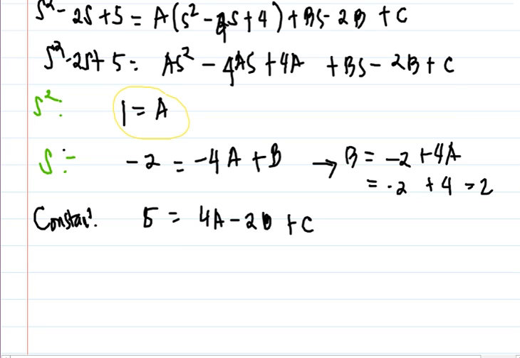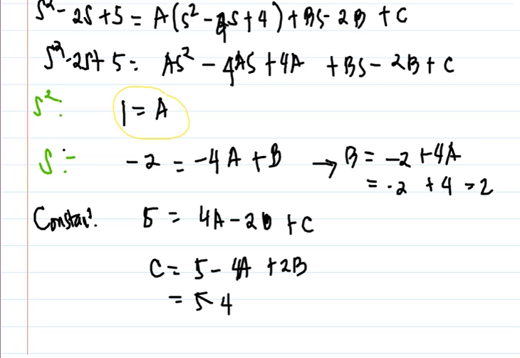Our C, we can also get. So, our C will be equal to 5 minus 4A plus 2B. So, this will be equal to 5 minus 4 plus 4. So the 4s cancel out, so our C will be equal to 5.